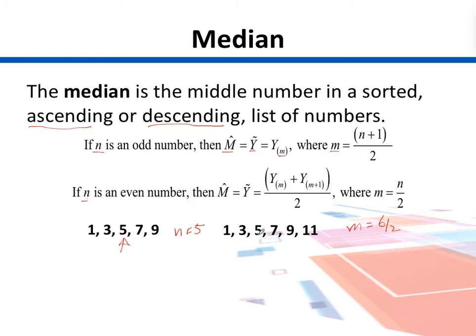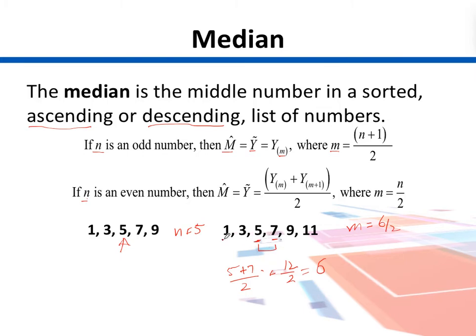This is first, second, third, fourth, fifth, and sixth, and then m plus 1 means the third and fourth numbers. We take their average, sum them up and divide by 2. In this case that's 5 plus 7, equal to 12, divided by 2. So the median for this even list is 6.